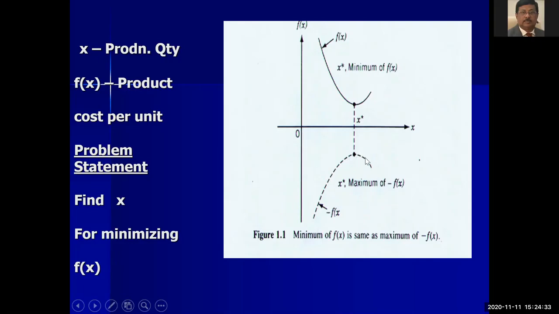After this optimum point, it comes down. So this is called a maximization problem. Any engineering optimization problem can be formulated as either a maximization problem or a minimization problem. In standard form, it is always formulated as a minimization problem.